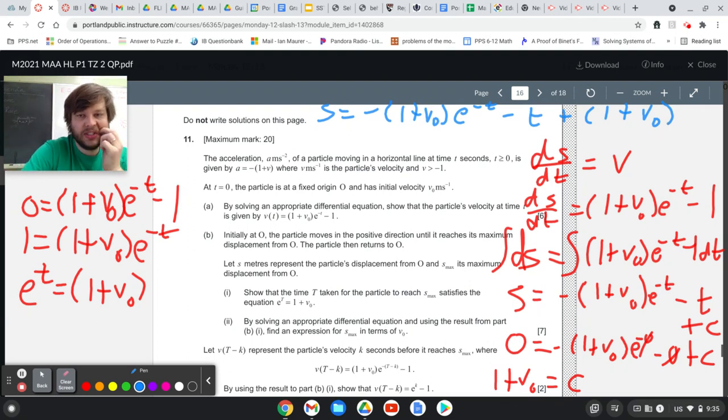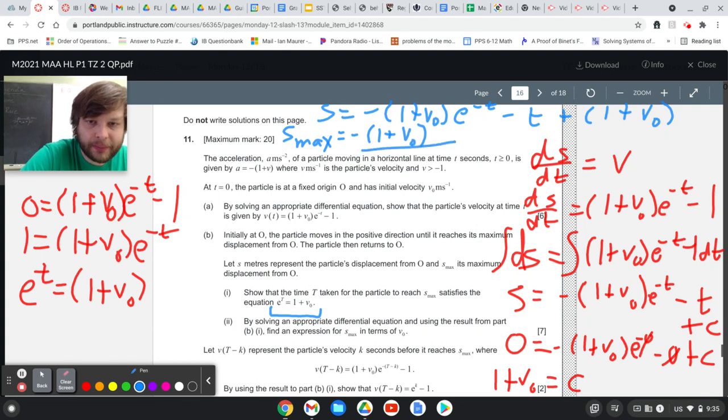What do we know about the time t to reach s max? The time t to reach s max satisfies this equation right there. And so what we can do is say that s max is equal to this. And what I'm going to do is just plug that in. So my first part is e to the negative t, so that's dividing by 1 plus v naught. If I have e to the t, this implies that t is the natural log of 1 plus v naught.